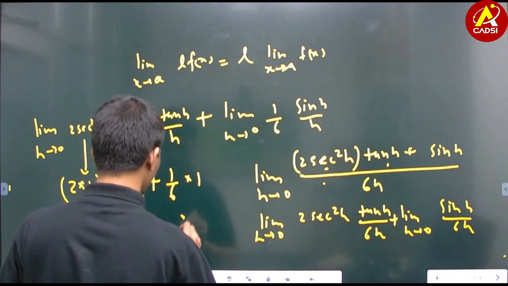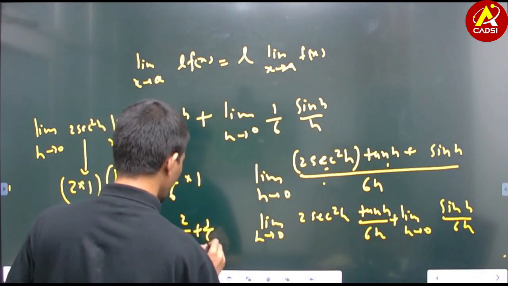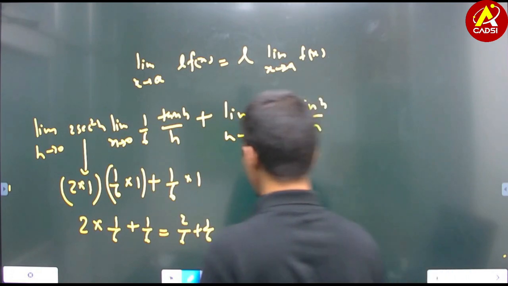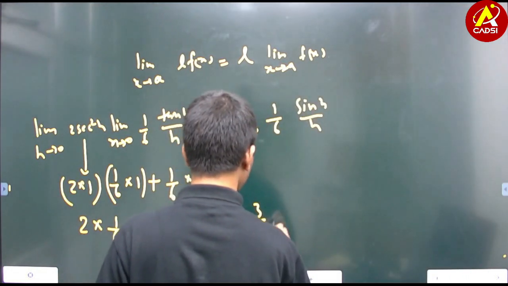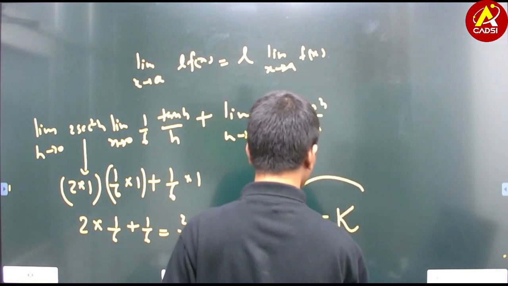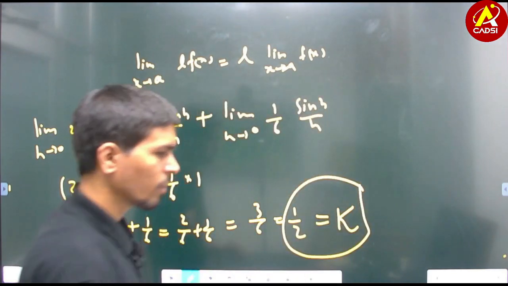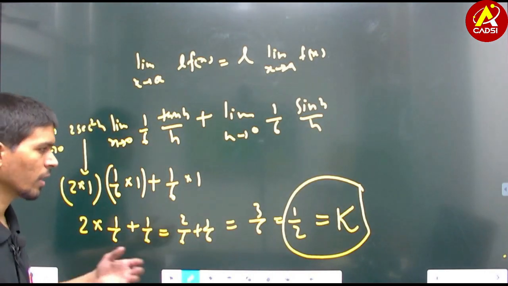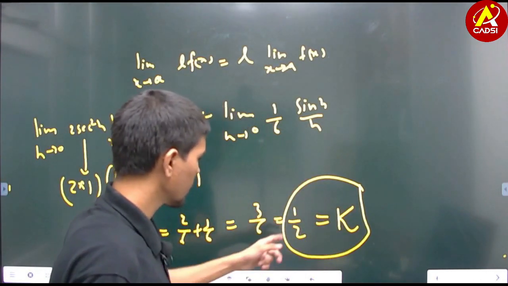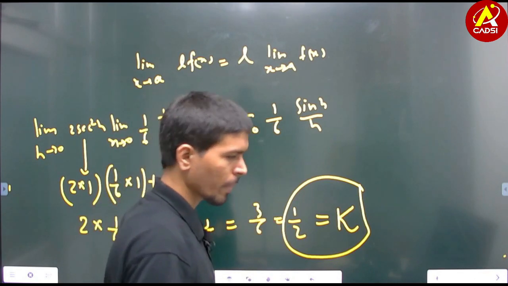So 2 upon 6 plus 1 upon 6 equals 3 upon 6 equals 1 upon 2, which is the value of k. What I have to find is the value of k. So k equals 1 upon 2.